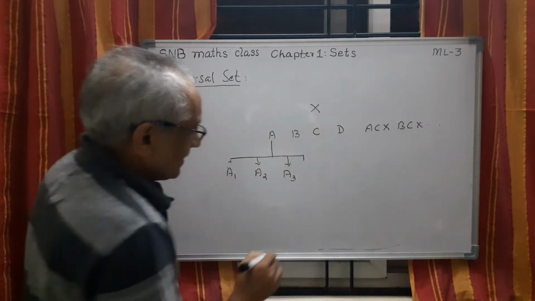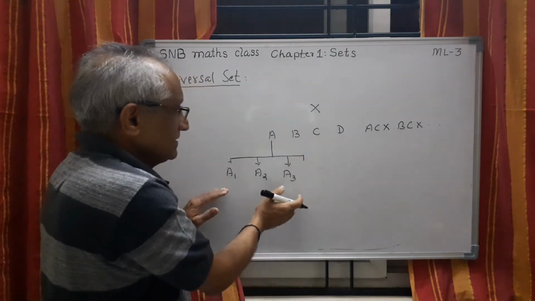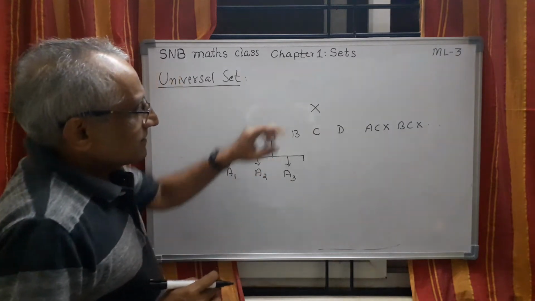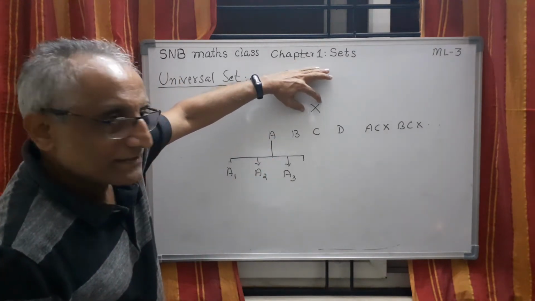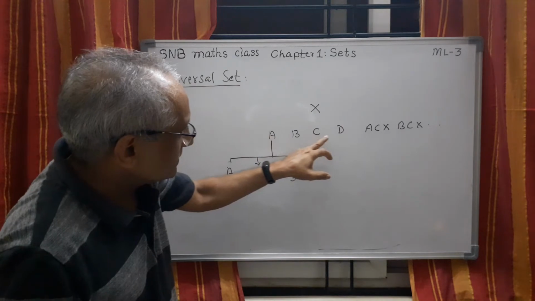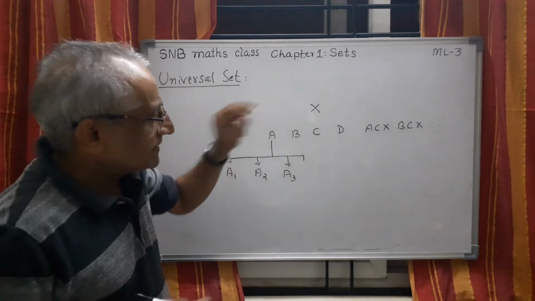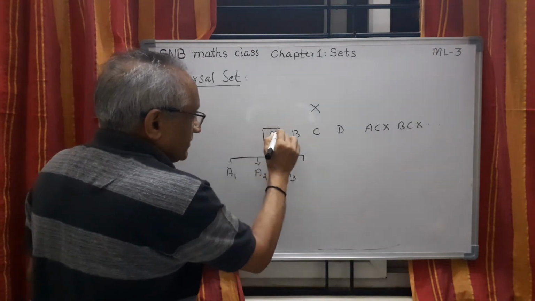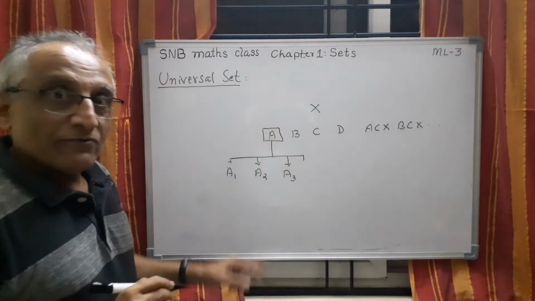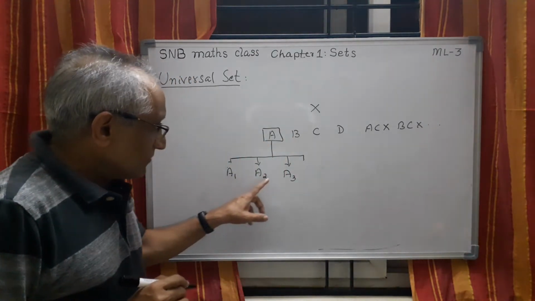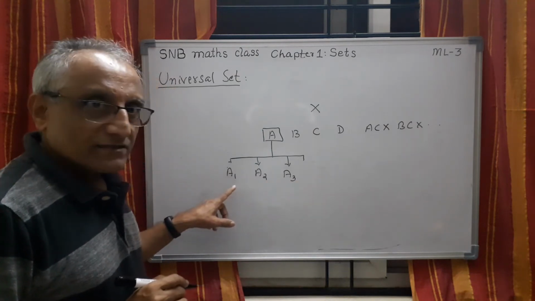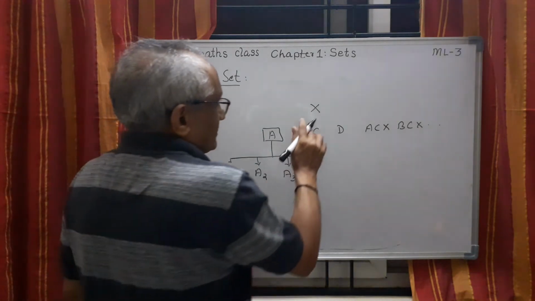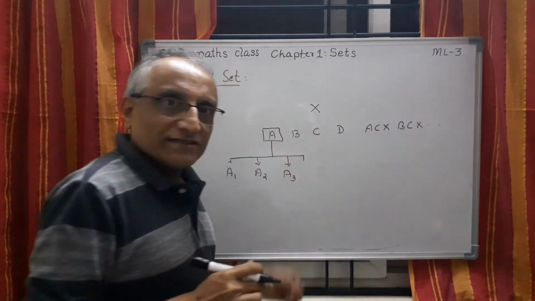Like this, I can make any number of subsets from this one only. This is the universal set if you take A, B, C, D as the subsets. So you can take it as universal set. Now A itself you can take as universal set, provided A1, A2, A3, etc. you can make subsets. Now here once again you see, I made X universal set.